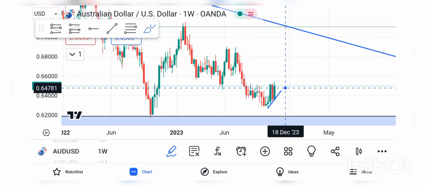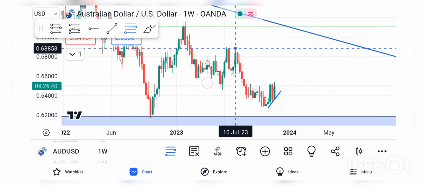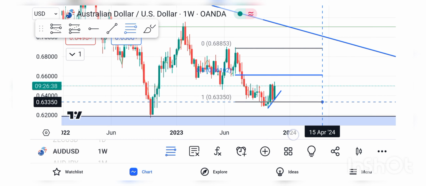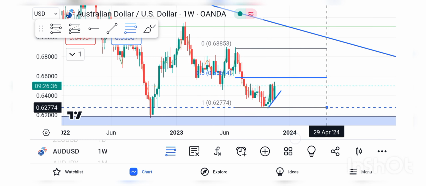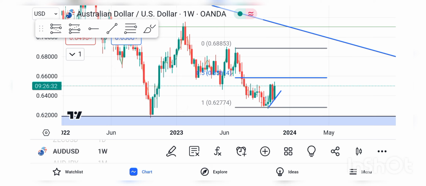Let's look at the Fibonacci level and see what we could find. Yeah, exactly. It might just be a retracement to the downside, to the 50% Fibonacci level. You get it. So one of two things could happen.